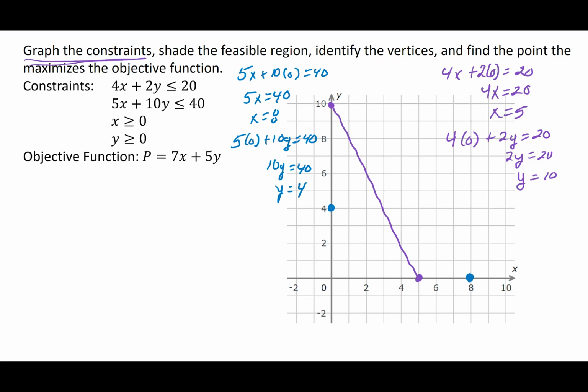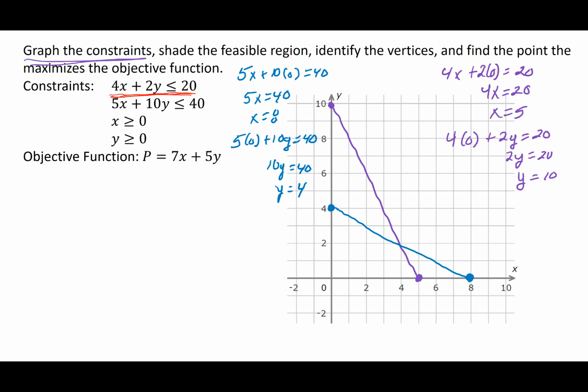Now when I graph this one, connect this line, looks like that. Now remember, these were inequalities, so I can't forget about my shading. For the first inequality, 4x plus 2y is less than or equal to 20, that's saying y has to be less than.